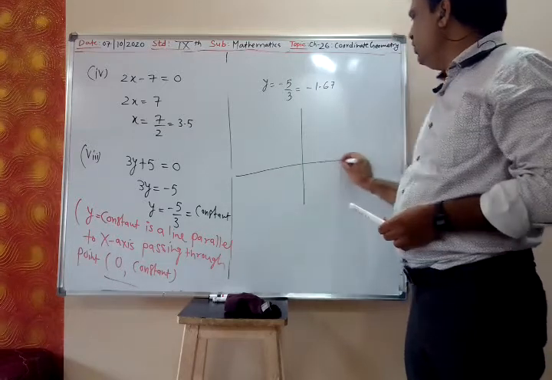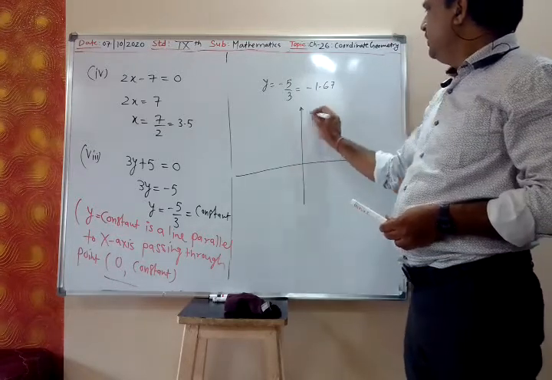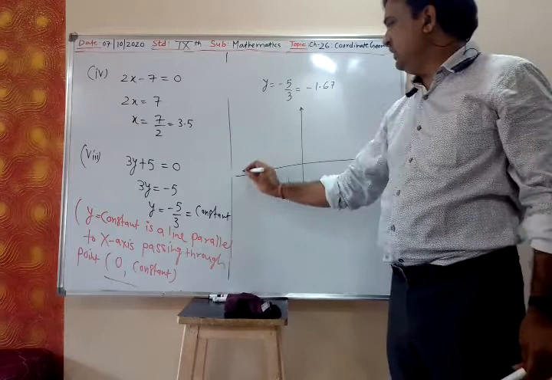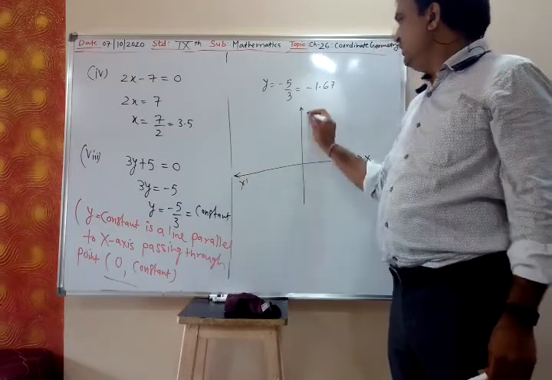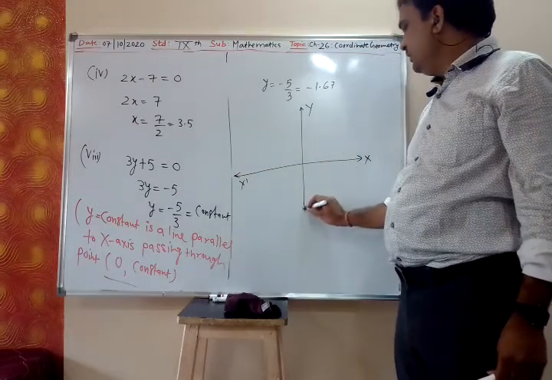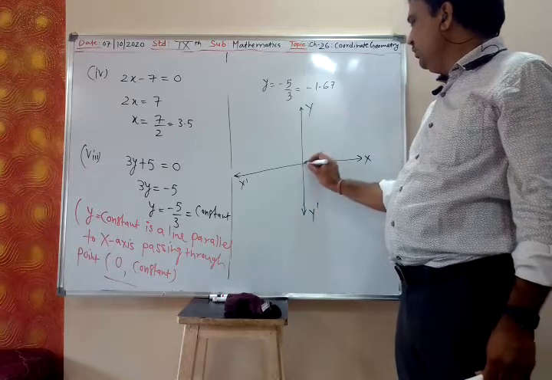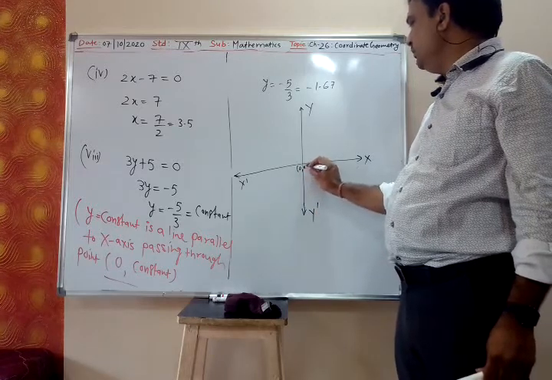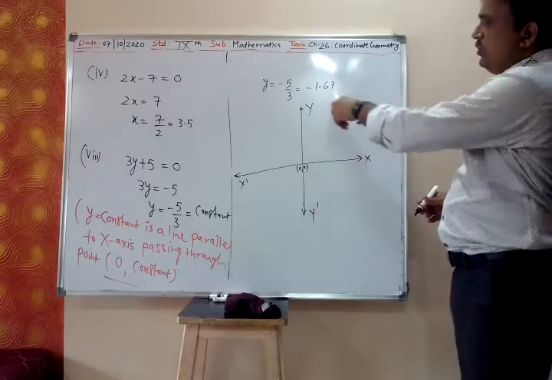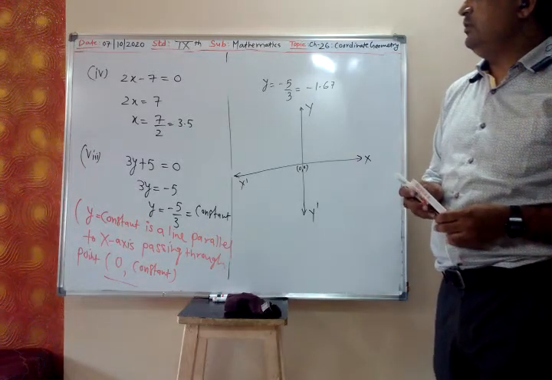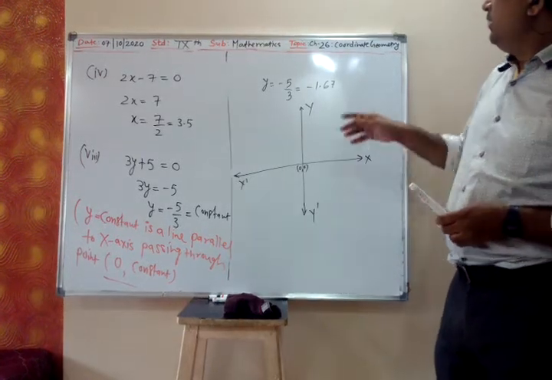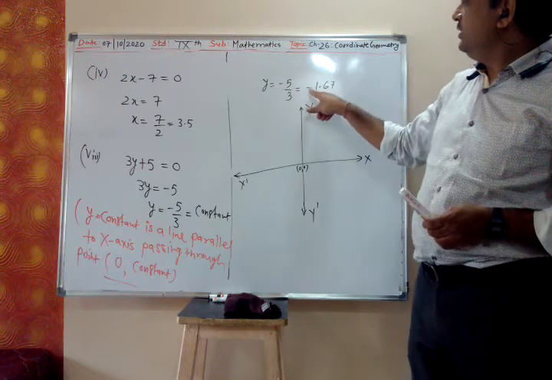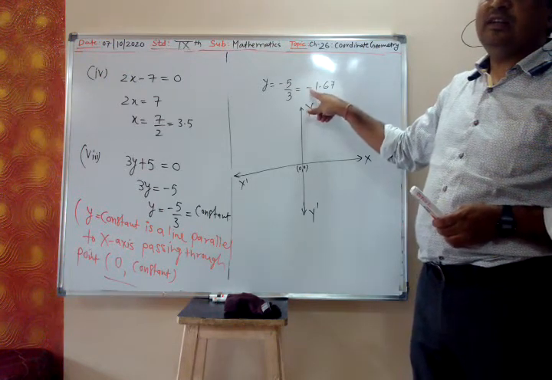So y is equal to constant. This is my x dash, and this is y dash. This is my origin O, 0 comma 0. Now y is equal to constant is a line parallel to x axis. But what is the sign of y? Negative.